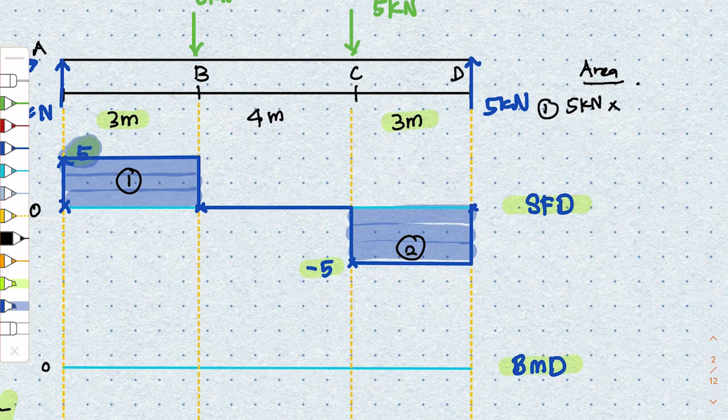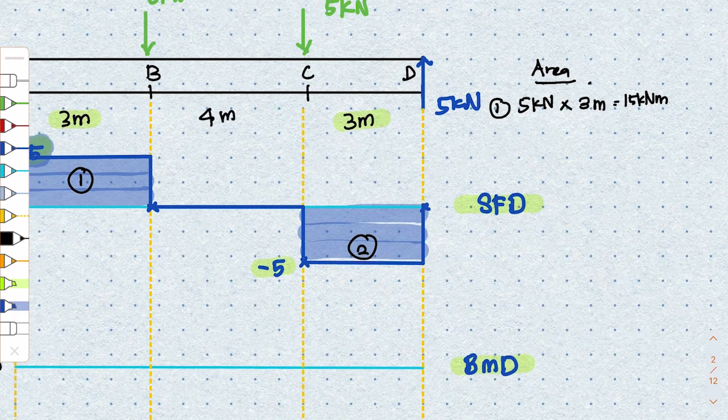Tinggi dia 5 kilonewton, panjang dia 3 meter. So kita darab 3 meter. You will get 15 kilonewton meter. For area number 2, the force ataupun tinggi dia adalah negatif 5 kilonewton. Darab dengan panjang ataupun the distance adalah 3 meter. You will get negatif 15 kilonewton meter.